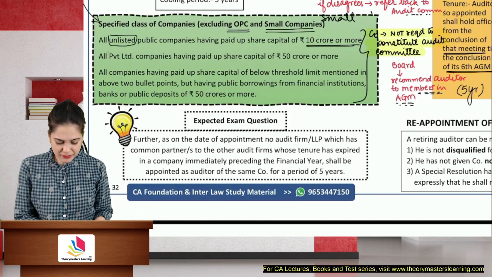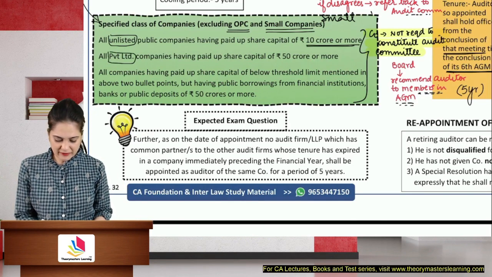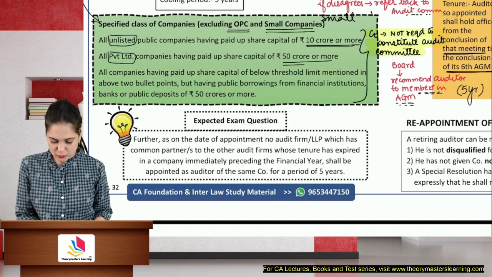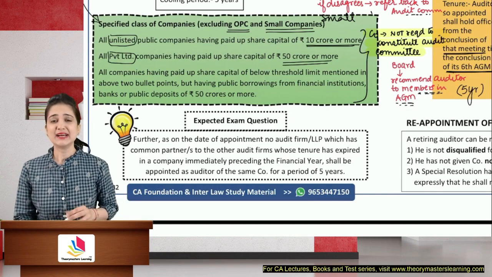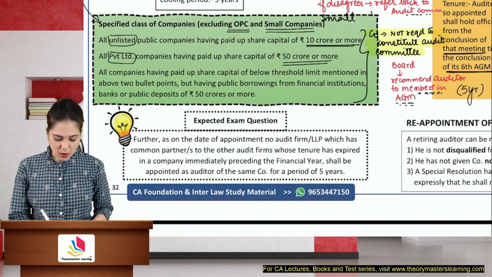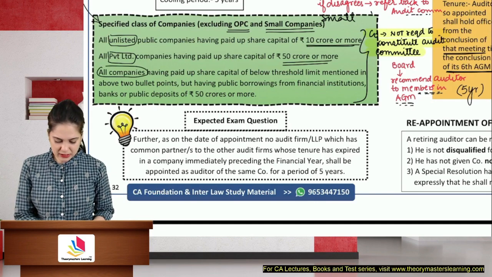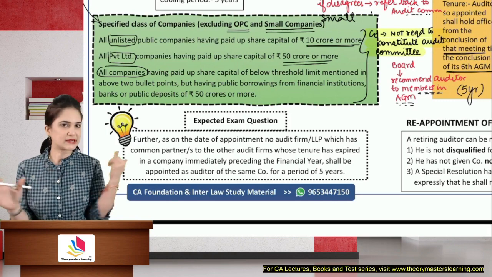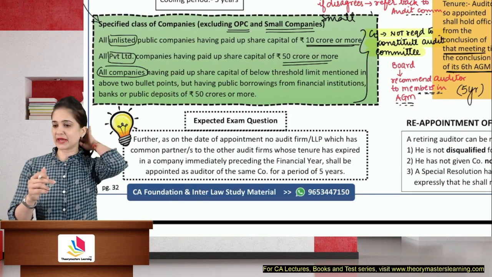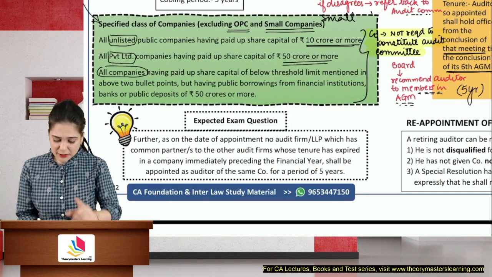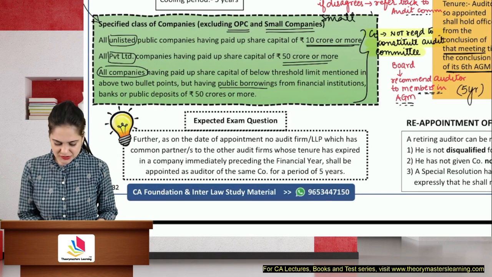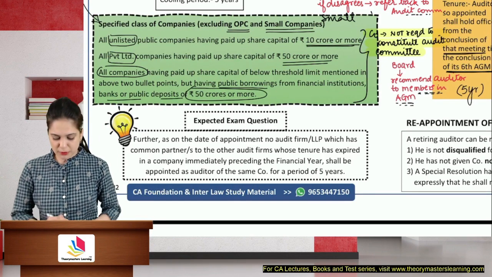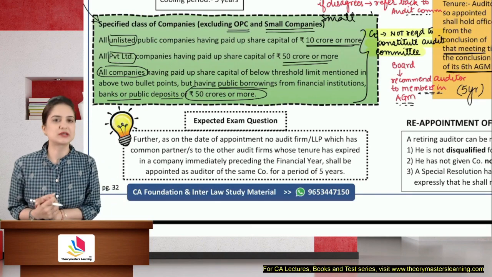If you are a private company having paid up capital of 50 crores or more, then yes, the rotation part will apply. All the companies having paid up capital below the threshold limit, you are not a listed company, you are not satisfying any of these above criteria, but you have public borrowings from the financial institutions, banks, or other public deposits of 50 crores or more, then rotation of auditors will apply.